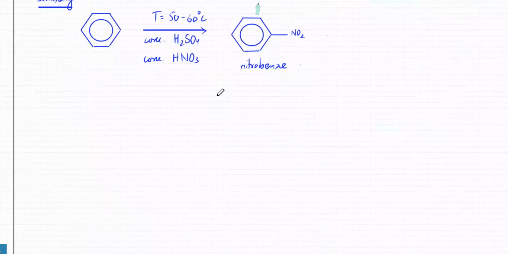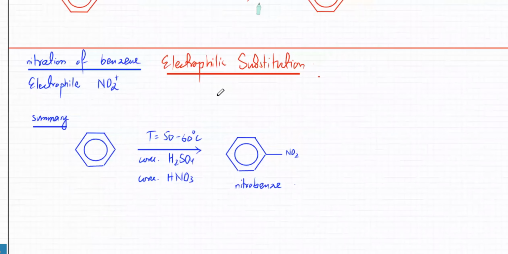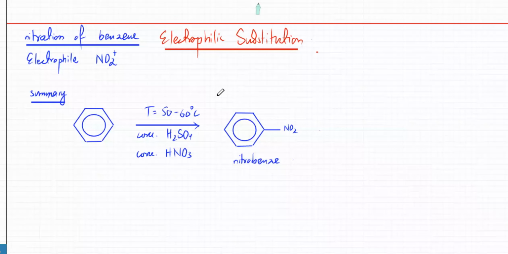But anyways, the next thing is nitration of benzene. In nitration of benzene, this is what we were discussing yesterday, the electrophile is NO2+1.